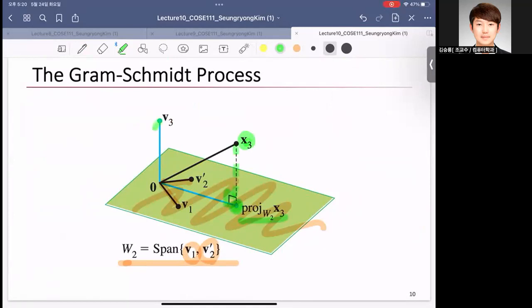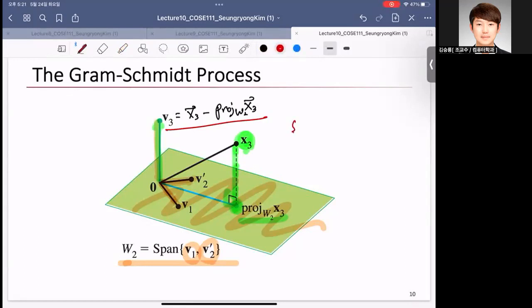Then finally, v3 is going to be x3 minus the projection of x3 onto W2. And finally, we got v1, v2 prime, v3.